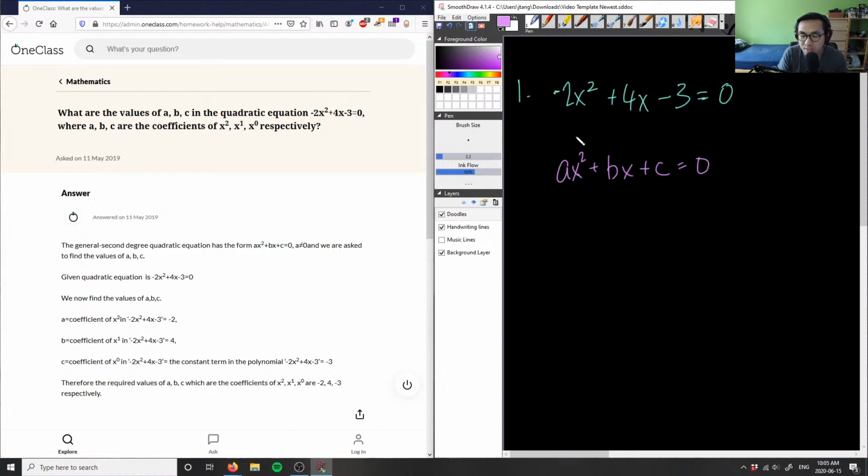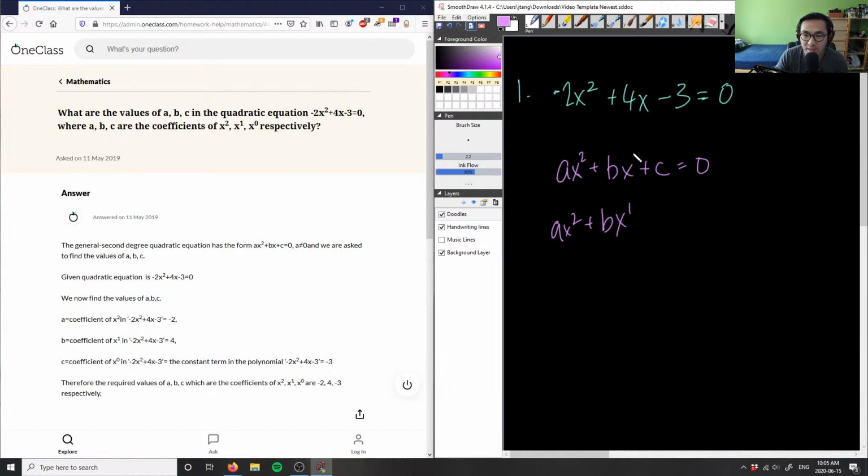So we have some second degree term, plus some first degree term, and then you can call this a constant term, or you can say that this is x to the power of 0. If you think about this problem in terms of a, b, and c, we can rewrite this as ax squared plus bx to the power of 1.